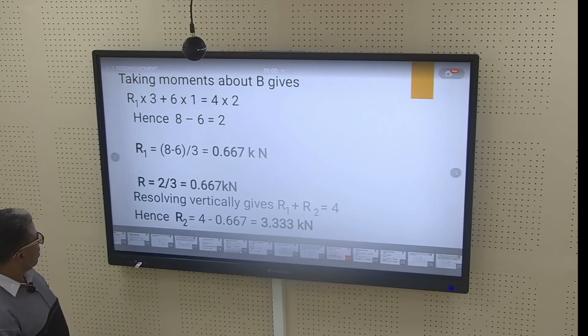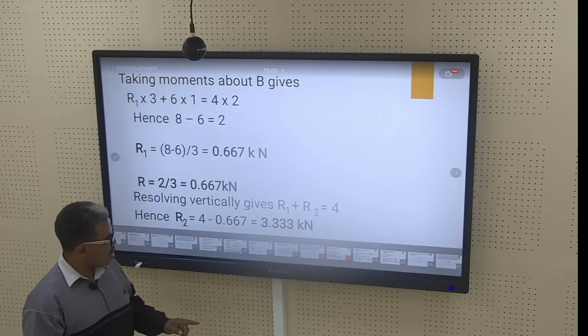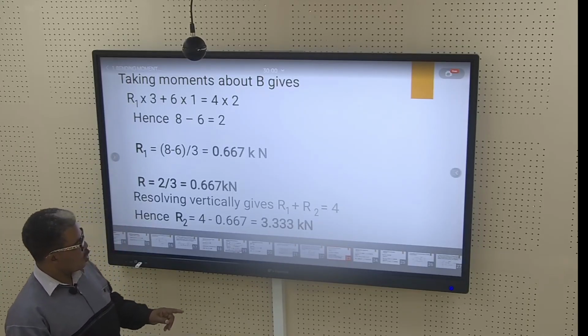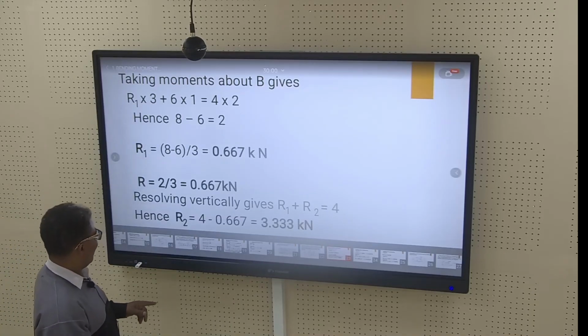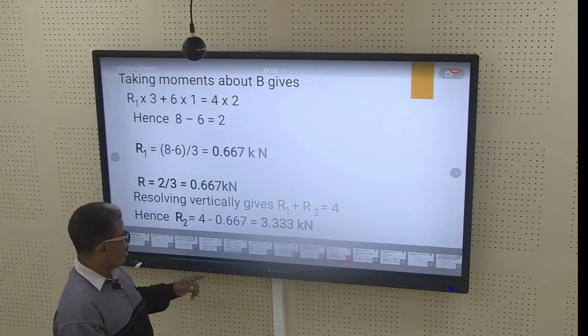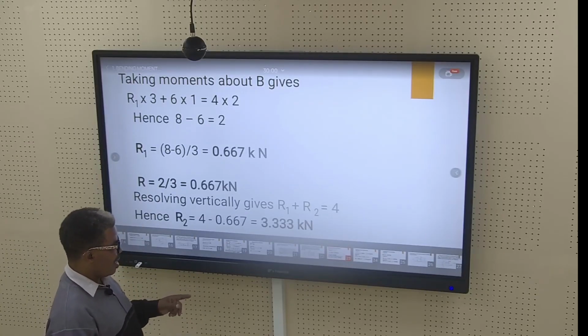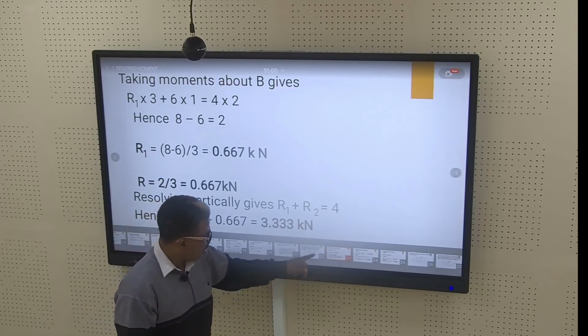Resolving vertically, it gives that R1 plus R2 is equal to 4. The other thing to note here is that the forces act upwards, R1 and R2, and the force acting downwards is simply 4.